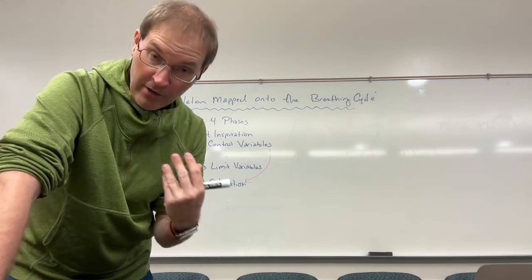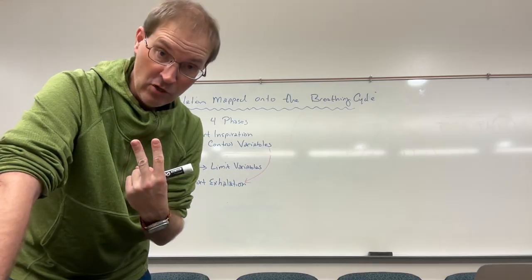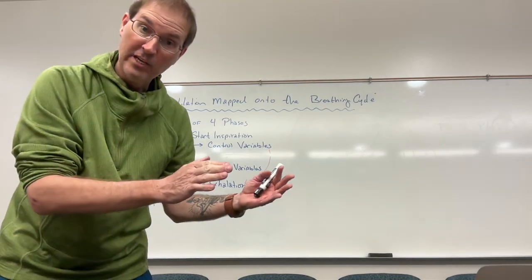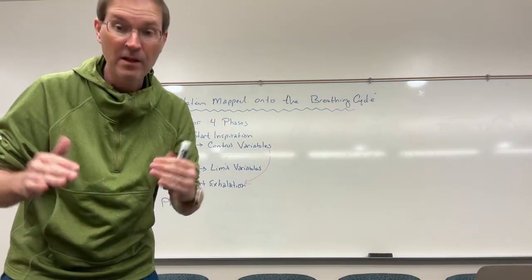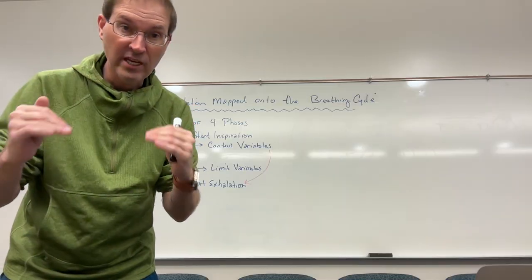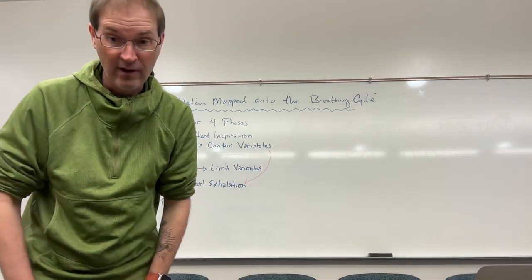Typically, in modern mechanical ventilators, it's either going to be pressure or volume controlled ventilation. And that's where the term pressure controlled ventilation and volume controlled ventilation come from. Those terms come from the control variable that the ventilator is using to terminate inspiration and to cycle into expiration.